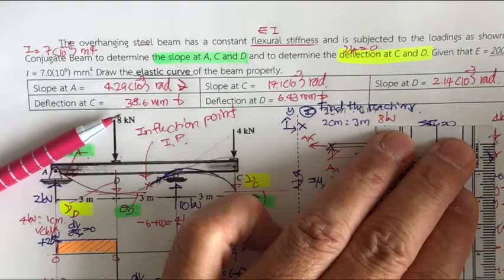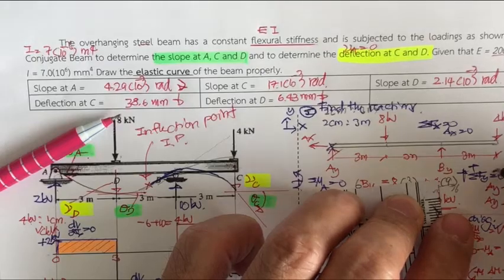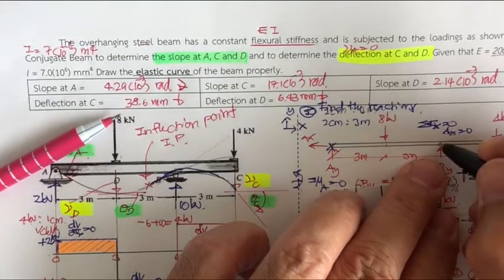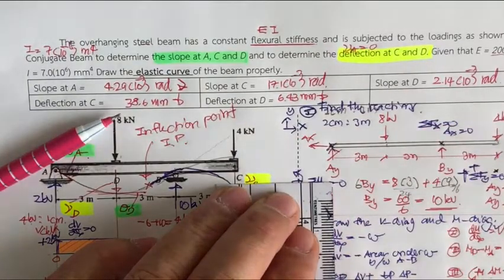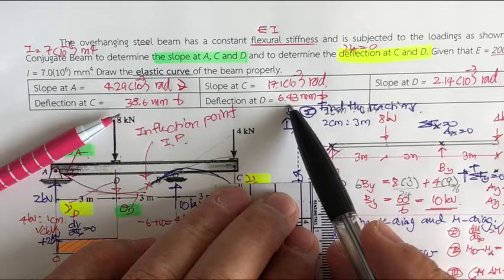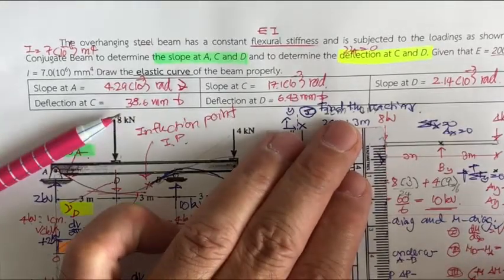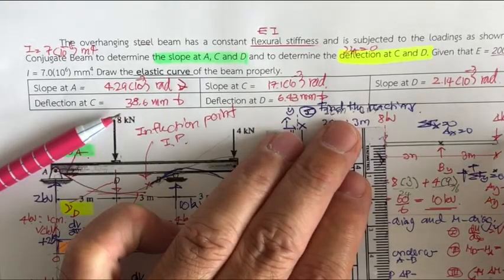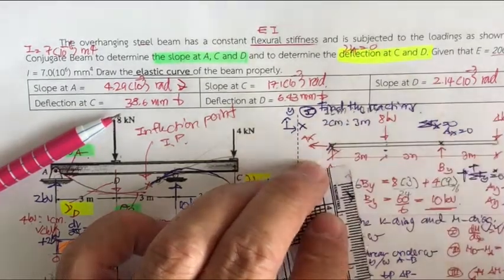So this one gets downward to here, and this one is here, no movement. This one is here, no movement. And we have this one for 6.43, which is going to be very small. This is 4 millimeter by 1 millimeter, very small here.